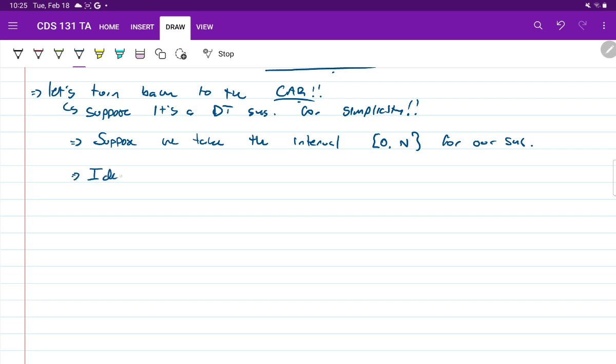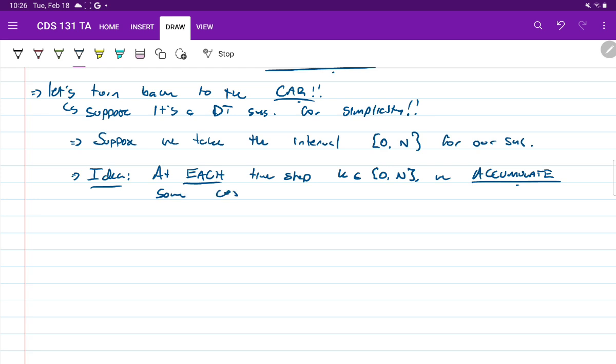Well, one idea is that at each time step k, which belongs to this interval 0, N, we accumulate some cost, right?